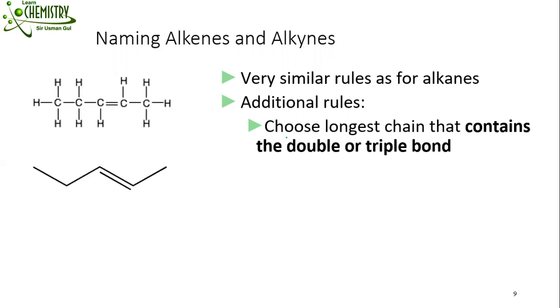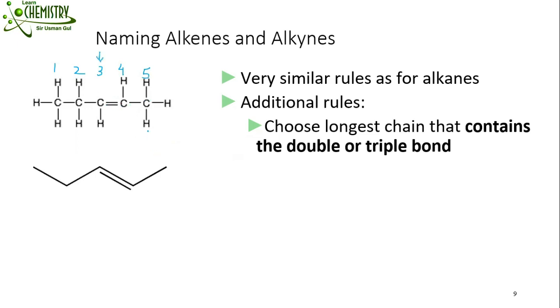We will choose the longest chain that contains the double or triple bond. Now I have to number this carbon chain, and when I number it, I have to number from where the double or triple bond is near. If I start numbering from the left hand side, this one is carbon number 1, 2, 3, 4, 5. So I'm getting the double bond on carbon number 3.